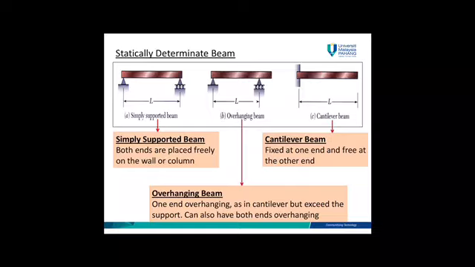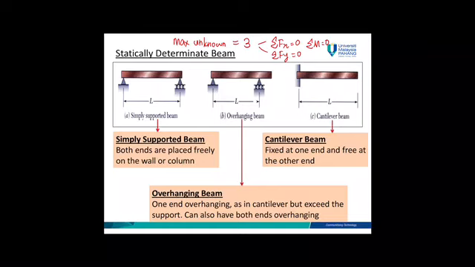So for example, this is a determinate beam. Determinate beam means that the maximum number of unknowns the beam can have is only 3, because you have three equilibrium equations, which are summation Fx equal to 0, summation Fy equal to 0, and summation moment equal to 0. Take a look at the first example, which is a simply supported beam.